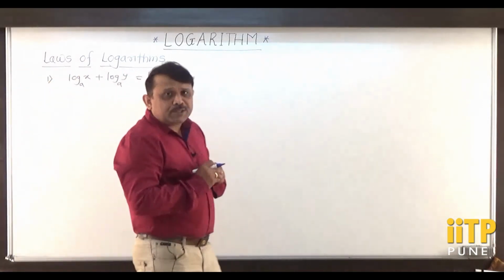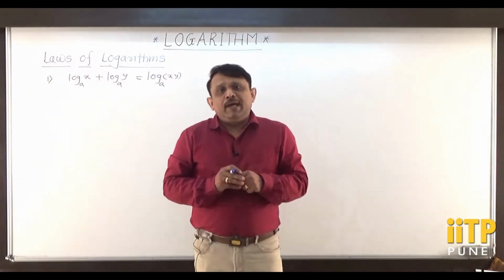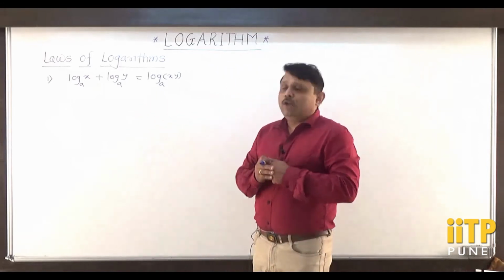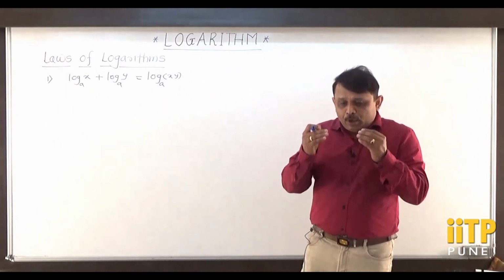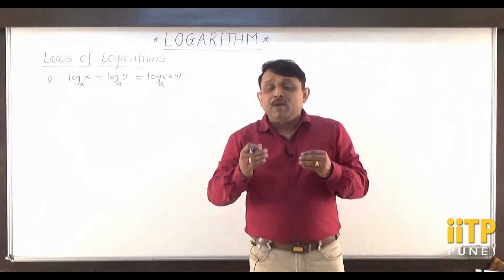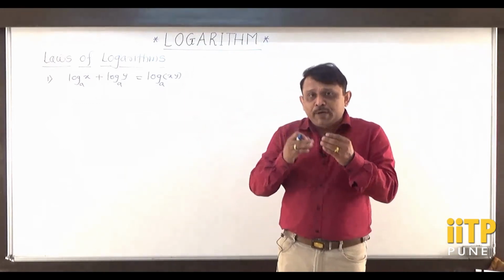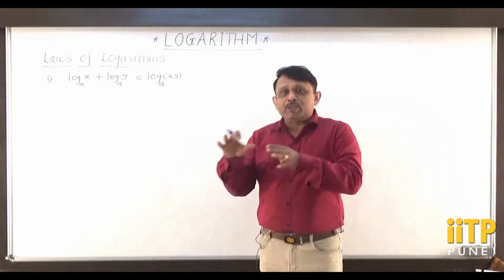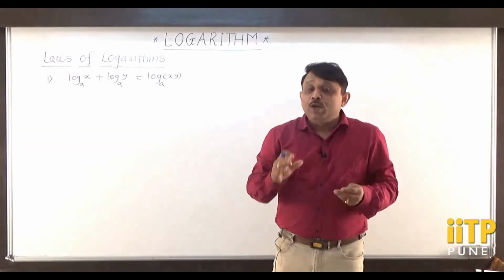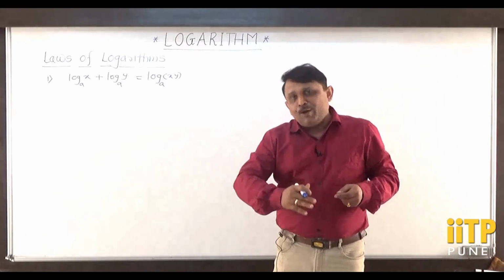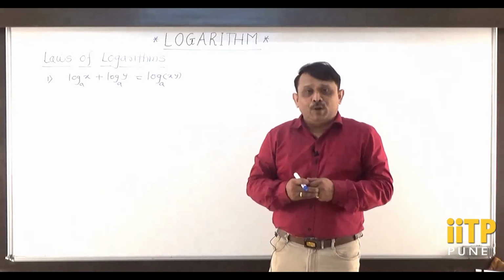Now to prove this, we don't know anything about logarithm's rules. But logarithm originated from the exponential. So if we could reduce logarithmic form to exponential form, we can use laws of indices in order to get the results of logarithm.